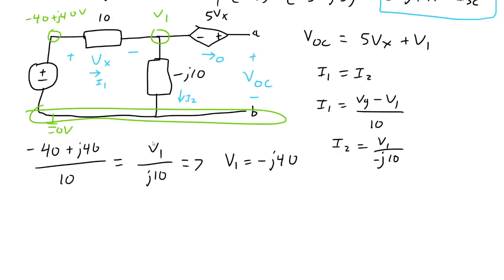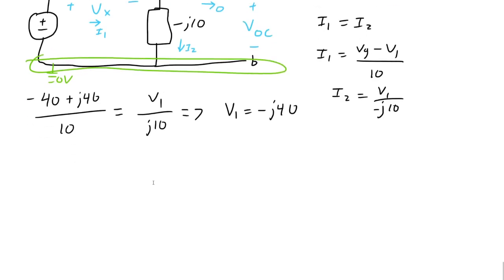Now, like I promised earlier, how we'd be able to find out this stuff by hand. So this is what my calculator gave me. I'll show you how to do this by hand. First thing I'm going to do is write this out again, over 10. I'm going to multiply this by its, this is minus j10.